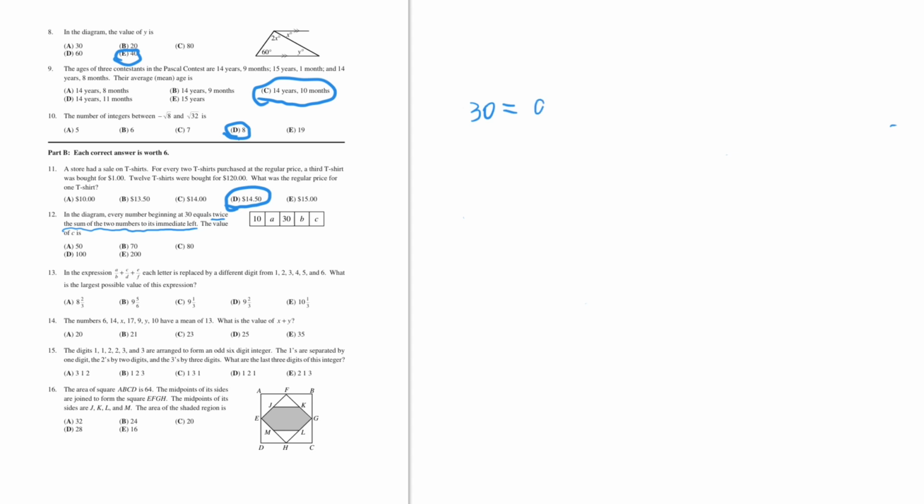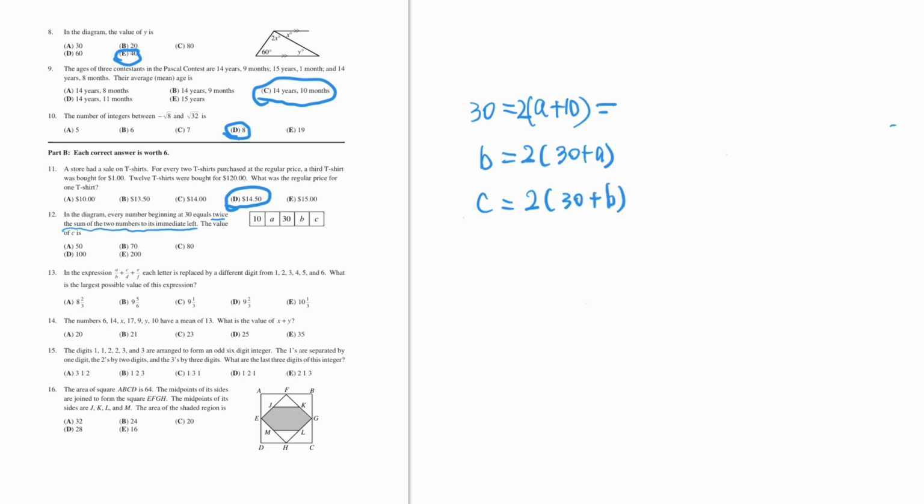So that's A plus 10 times 2. Same thing, B equals 2 times 30 plus A. C equals 2 times B plus 30, 30 plus B.